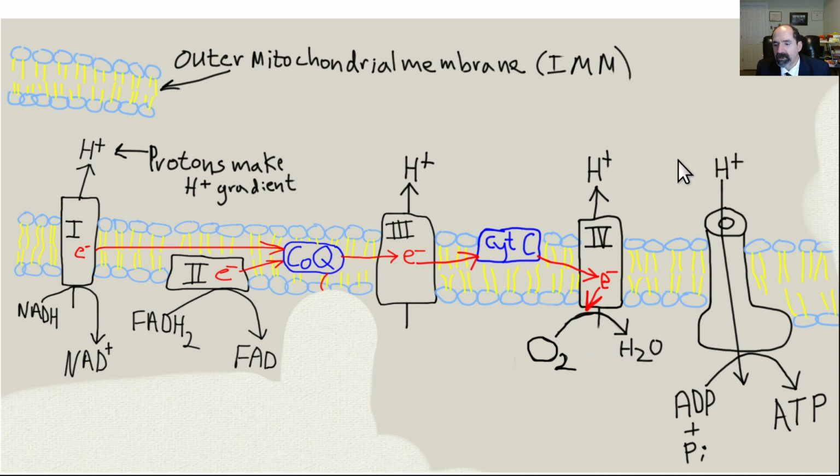And then the harvesting of the gradient is the phosphorylation component, that you're adding a phosphate, phosphorylating this ADP to make ATP. And that's how life exists. That's how all multicellular life exists on this planet. And this is electron transport with oxidative phosphorylation. A lot of times I'll abbreviate it ETC for electron transport chain, and then OXPHOS for oxidative phosphorylation. And that is how ATP is made.